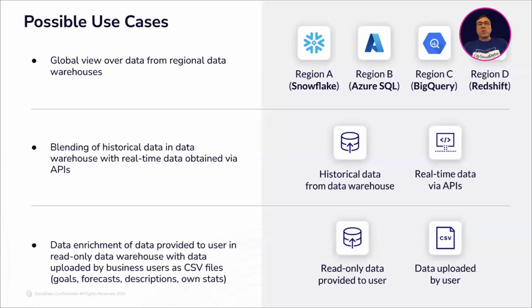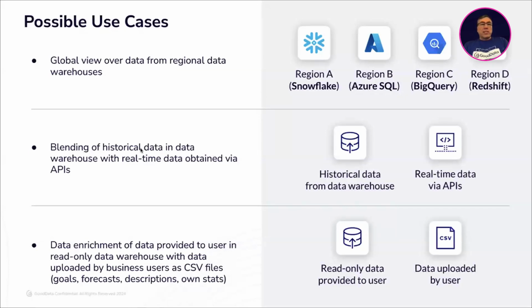And you can also use different database management systems. So you can have one region stored in Snowflake, for example, and another in Azure. GoodData always generates the appropriate SQL using the SQL dialect of the database, and it then blends results together using our analytic lake capabilities.